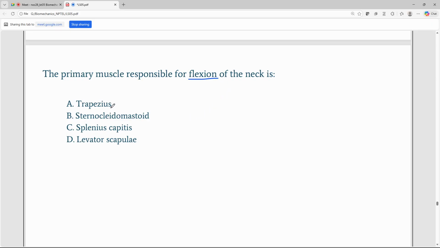Options are option A, trapezius, option B, sternocleidomastoid, option C, splenius capitis, option D, levator scapulae. We have already discussed the same question in different contexts today.